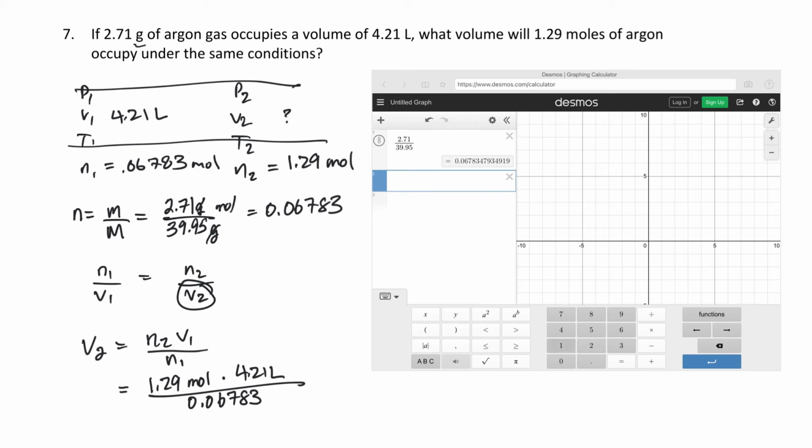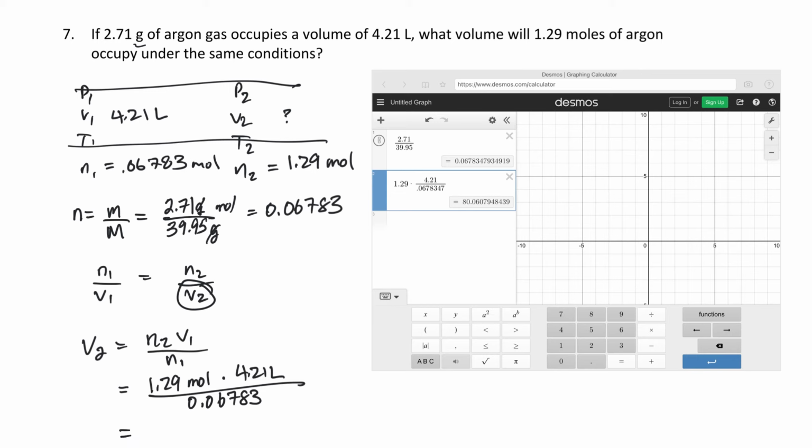So 1.29 times 4.21 divided by 0.0678347. Notice the more numbers I put in there, the less difference it makes on the actual number. It's nice to use the whole number, but the more decimal places I type in now, it's not going to make any difference to my sig figs for this question.